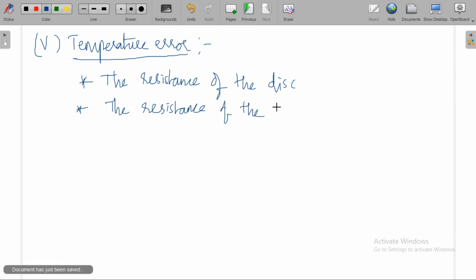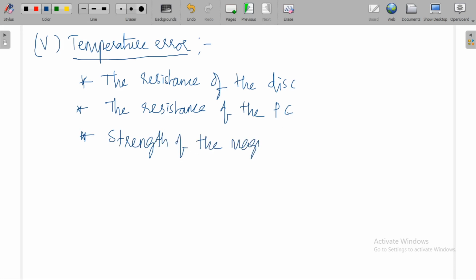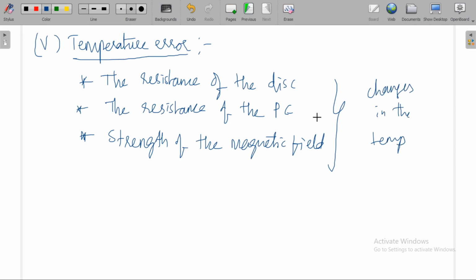The resistance of the disc, the resistance of the pressure coil, and the strength of the magnetic field may get affected by changes in the temperature.